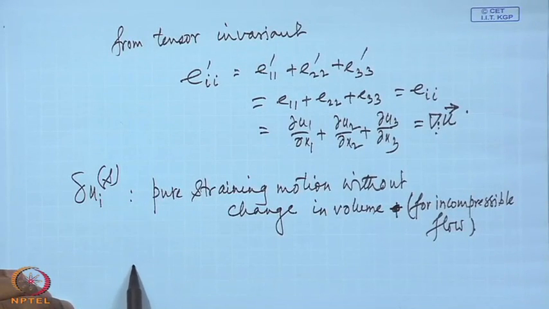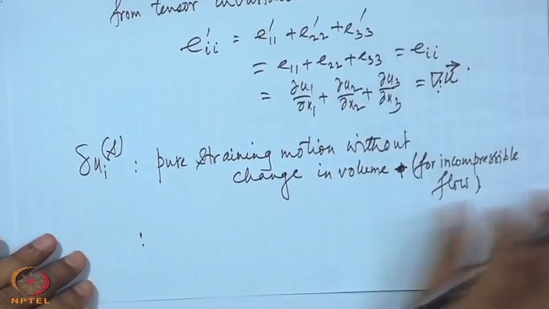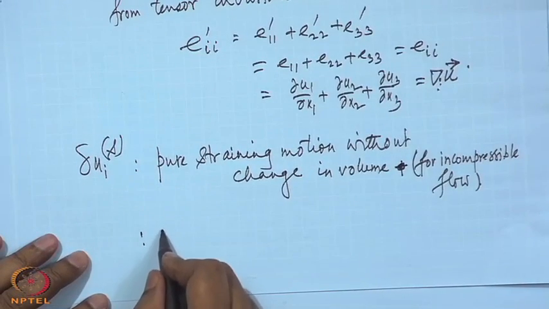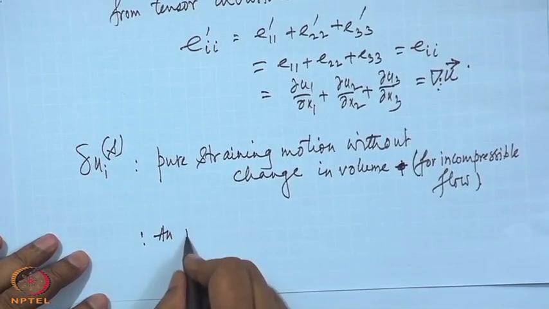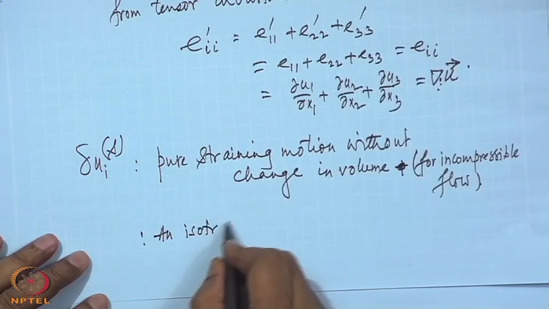And for compressible flow, plus an isotropic expansion, that is equal expansion in all directions.